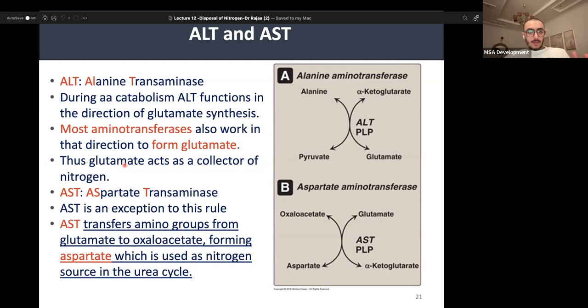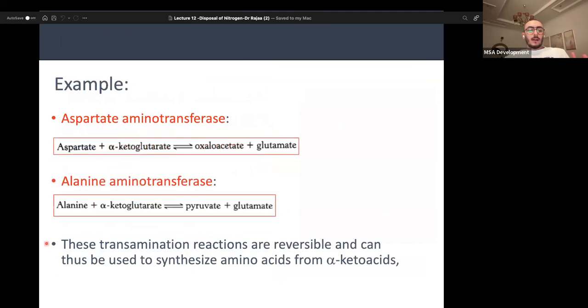Let me make this very clear for you guys. I told you here that they are reversible, and they can go in the direction of glutamate, giving the ammonium to glutamate, or forming glutamate, which has the ammonium, to get rid of the ammonium. Or they can go vice versa. They can synthesize the amino acid from glutamate.